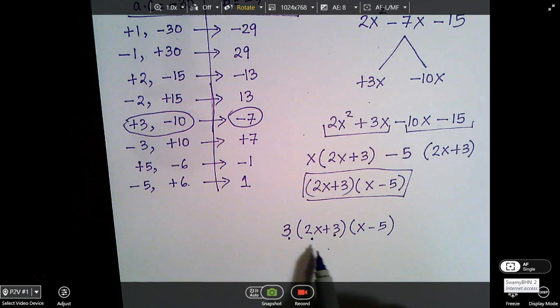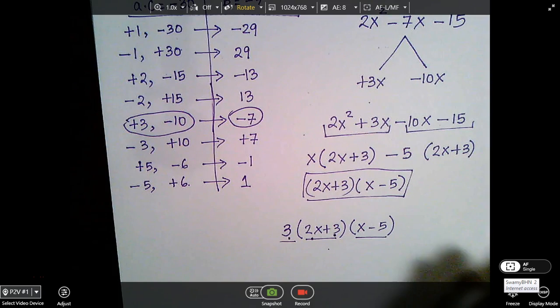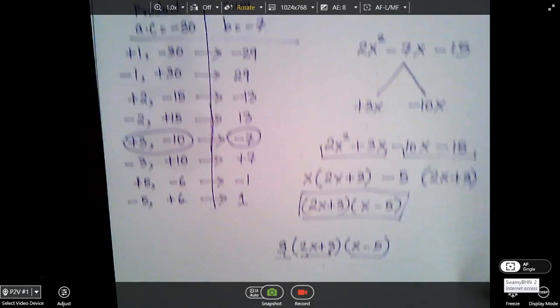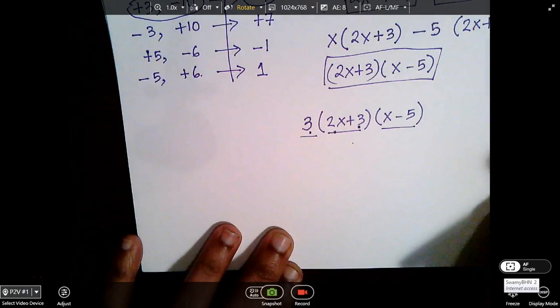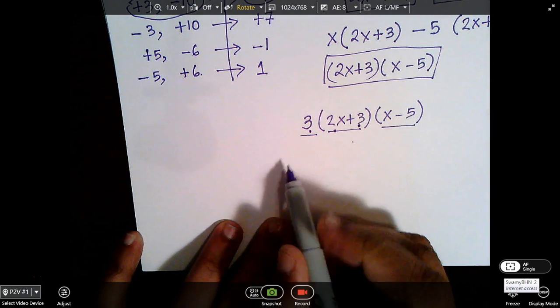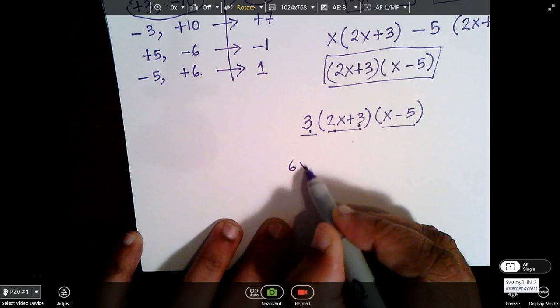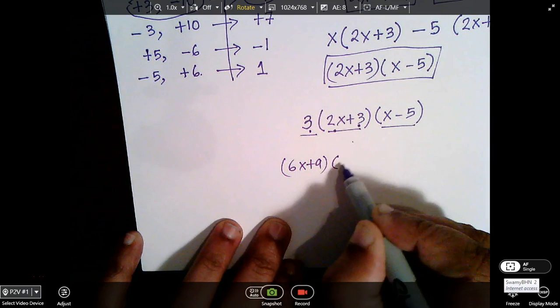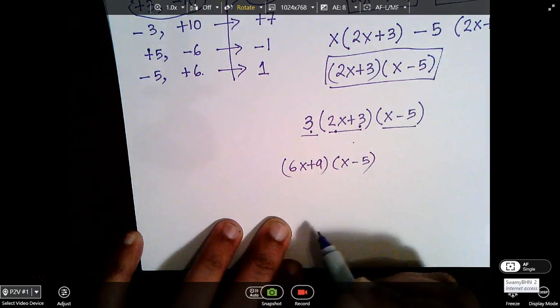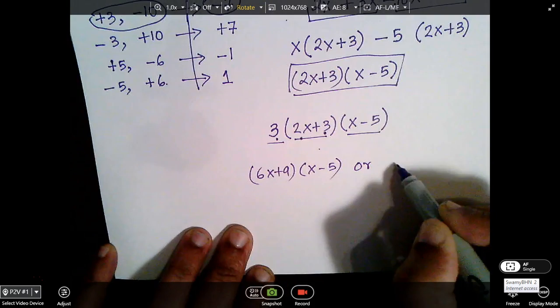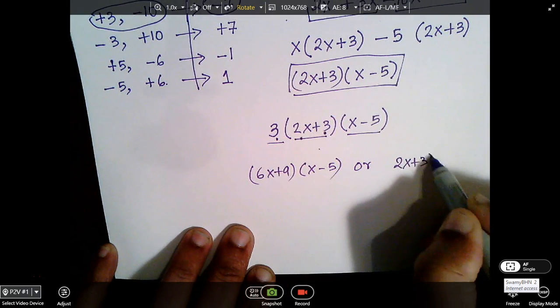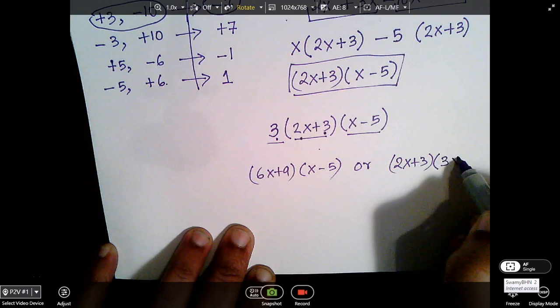Remember, we said factoring completely means all factors should be prime factors. They cannot be split anymore.